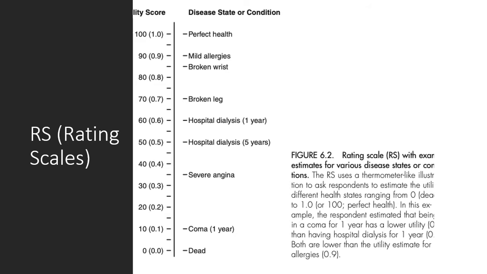In this example, the respondent estimated that being in a coma for 1 year has a low utility score, that is 0.1, and for a person having hospital dialysis for 1 year, the utility score will be 0.6. Both are lower than the utility estimated for mild allergies, that is 0.9. Okay, so this is one method. By using the rating scale, we can determine the utility score.